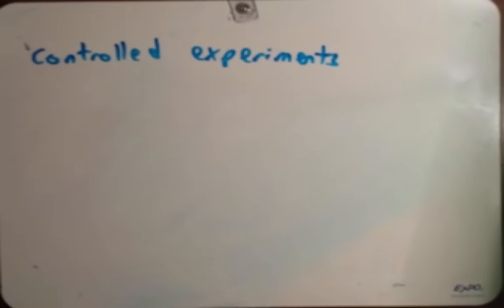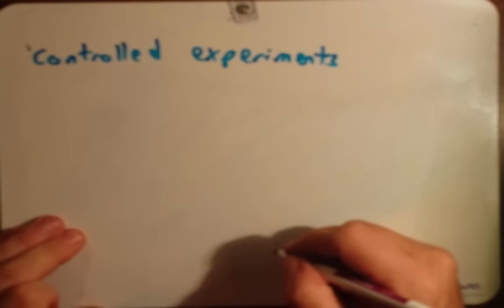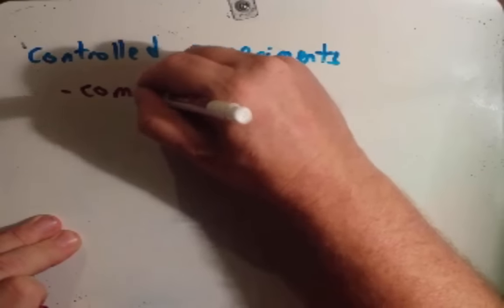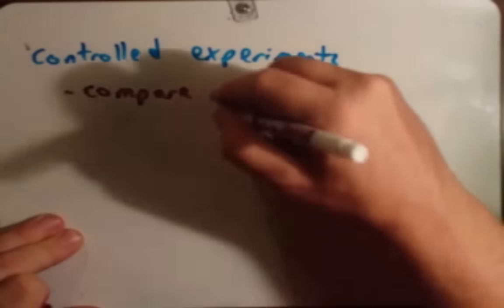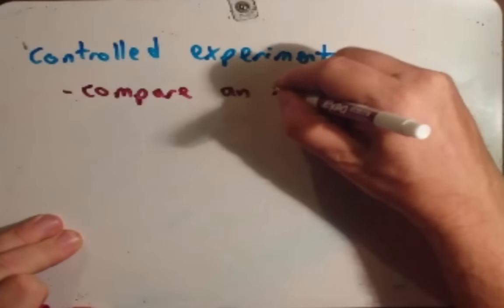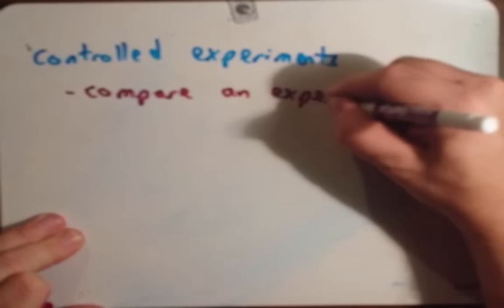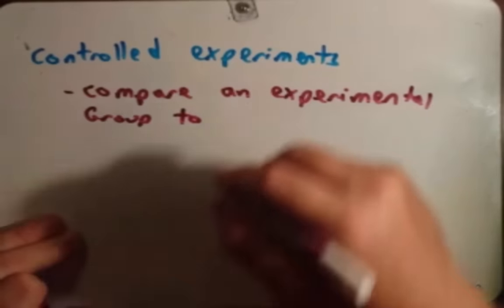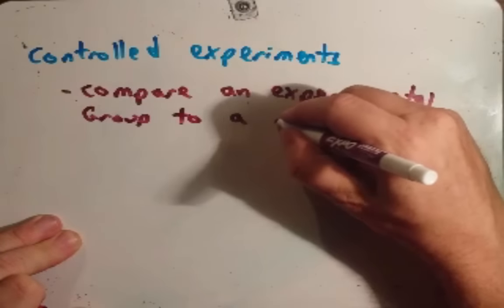Some kinds of experiments, there are no controls, and they can't be controlled experiments. But let's think about what an example of a controlled experiment is. A controlled experiment will be set up in such a way where you can compare an experimental group to a control group.